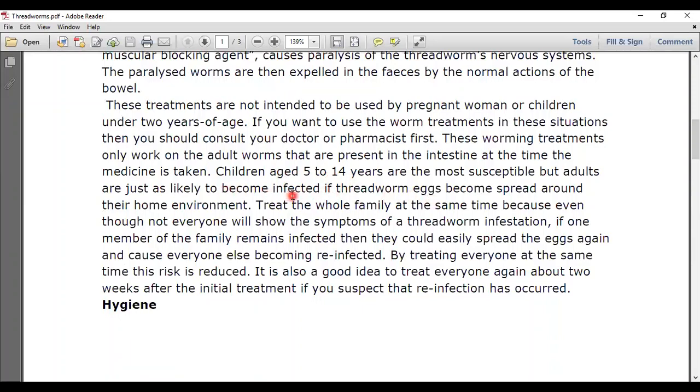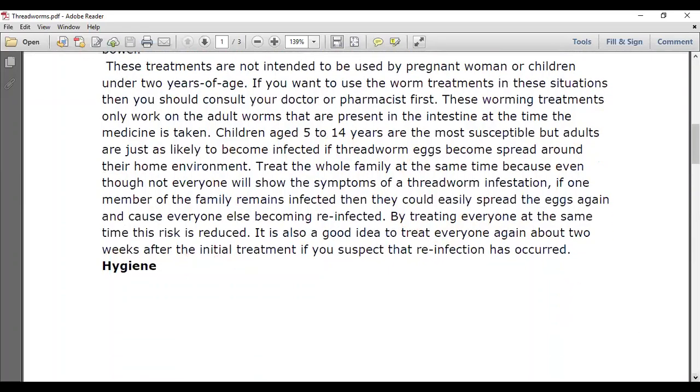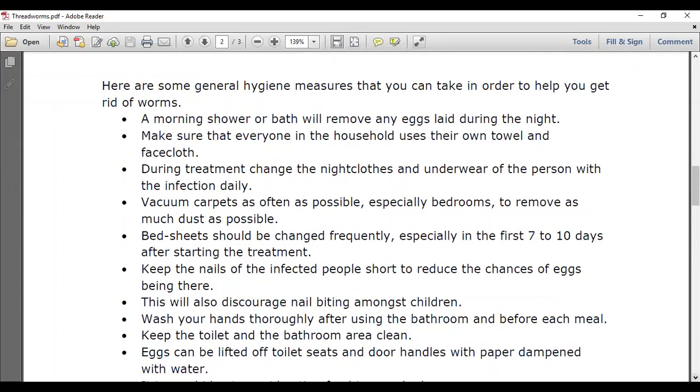Then other adults can also get affected due to cross infection. The whole family should be treated at the same time, and a repeat dose after 2 weeks of the initial treatment. The hygiene measures to be followed: okay? Morning shower, making sure that they use different towels and face cloths, changing night clothes and underwear, vacuuming carpets, changing bed sheets, keeping nails short.